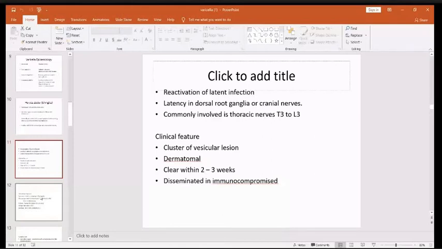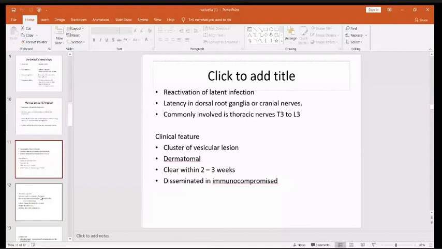Laboratory diagnosis for varicella. So you can collect the fluid. If it is a vesicular or pustular lesion, you can collect the fluid, the scraping or the swab from the lesion, and prepare a smear and examine for the Tzanck cells. So you can prepare a Tzanck smear and look for the multinucleated giant cells, because these viruses cause syncytial formation, that is the cells are fused, so they produce giant cells.